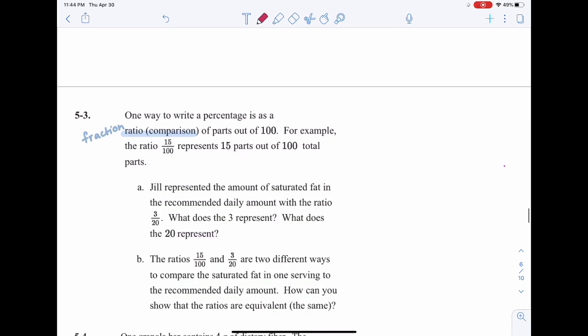For example, the ratio 15 over 100 represents 15 parts of 100 total parts. So remember how before I was telling you guys that I could rewrite 15% as 15 over 100? That's what this was saying.